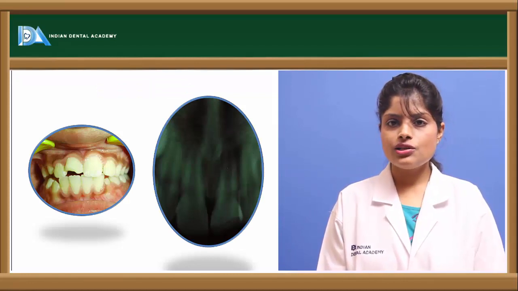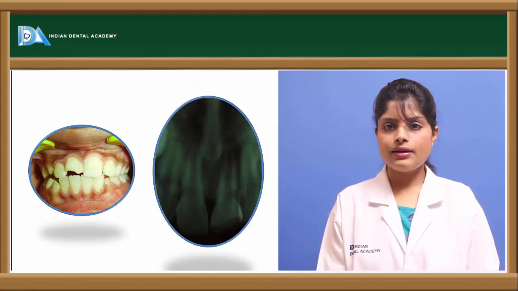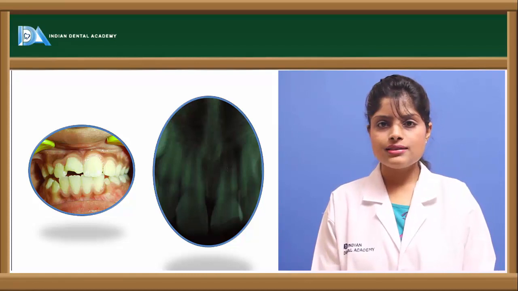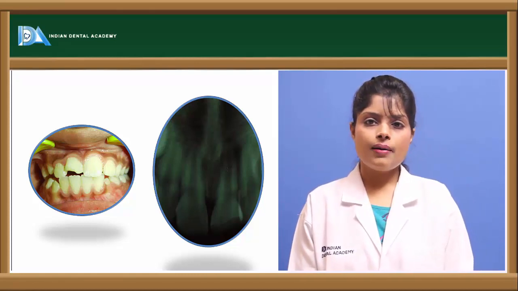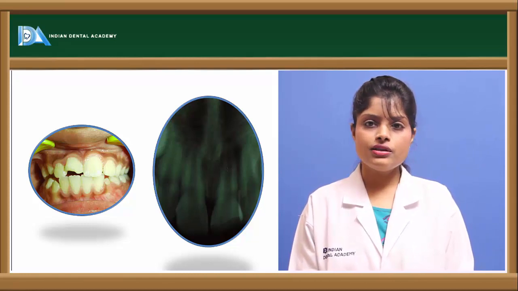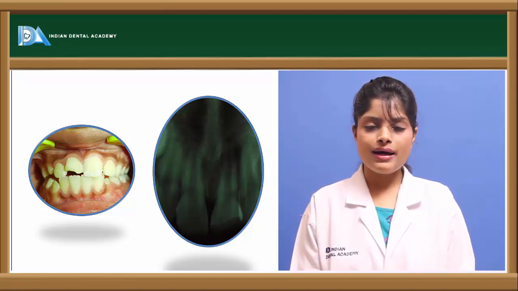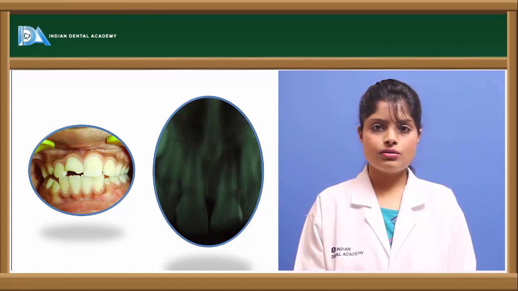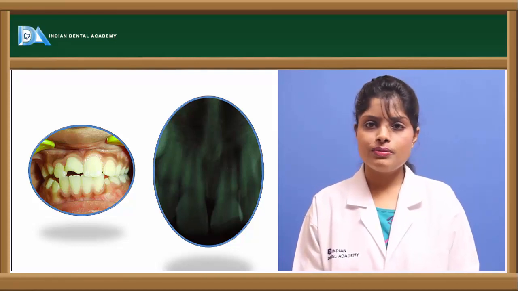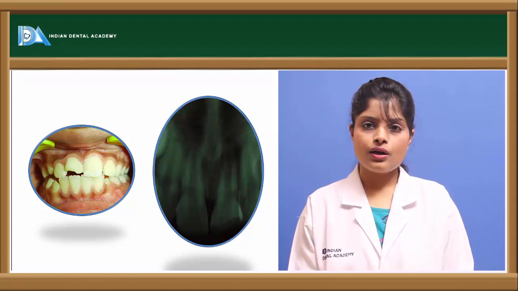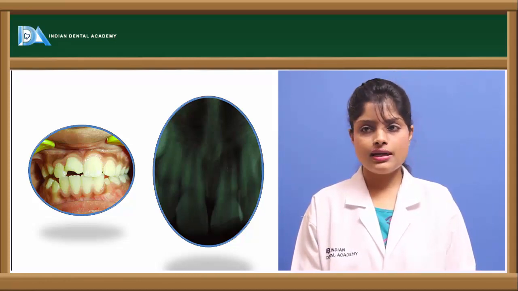Now, what is the procedure underlying the same? Herein, we mix the MTA with saline and a paste is obtained, which is further pushed by means of an amalgam plugger or endodontic pluggers into the apical region. Before this, a working length radiograph should be established, and all the steps before are the same.